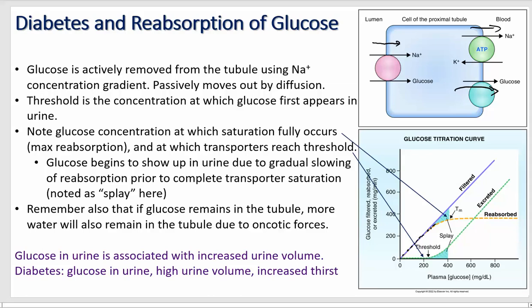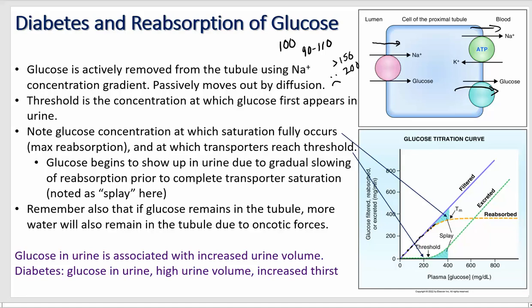A normal level of glucose is around 100, maybe 90 to 110. But we get concerned when it's over 150 or 200. That's not so good, and we can see that here.